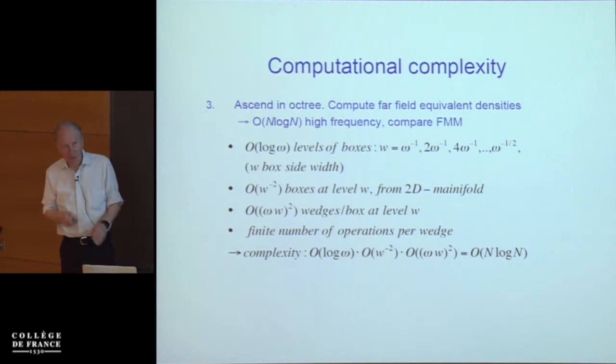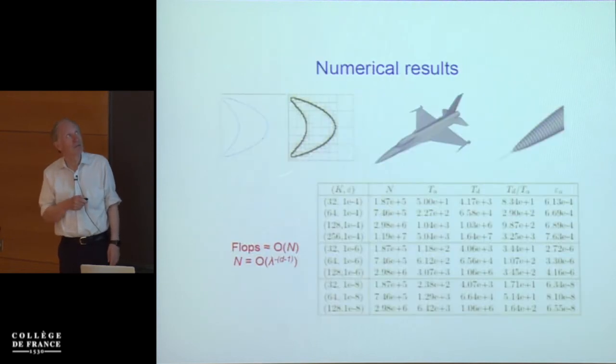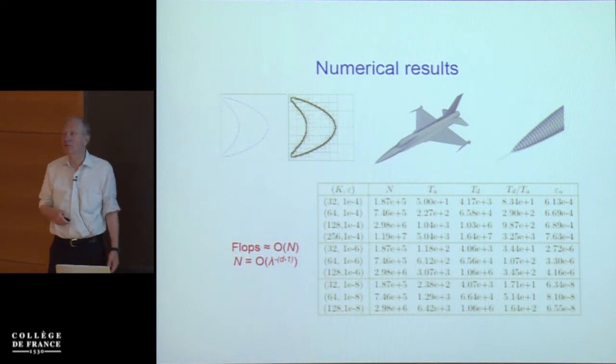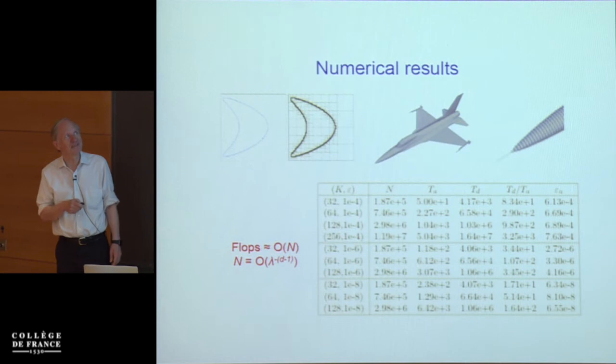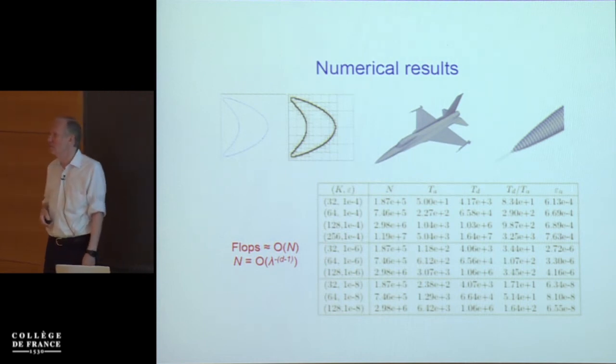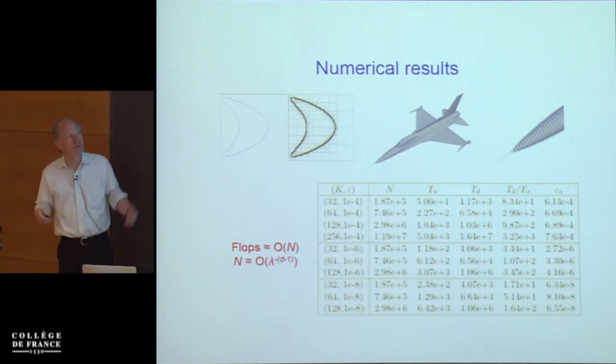But here is a crucial part, of course, that you do this in n. If we look at a 2D profile over here, you see that you only need the refined boxes around here, and of course you don't need them in the distance. This is a typical challenge with the stealth technology. So the test cases in the literature are usually fighter jets or robots and things like that.